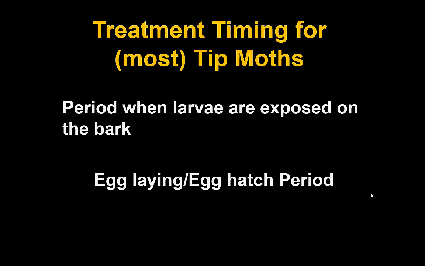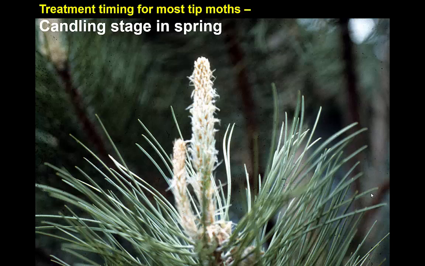And for most of the pine tip moths, it usually occurs more or less when the plant is candling, producing the new shoots, and the needles have not yet formed. So that's generally the time when most tip moths will move to the pines and lay their eggs, and if we were to have a treatment in place at this point, then they can be effectively controlled.